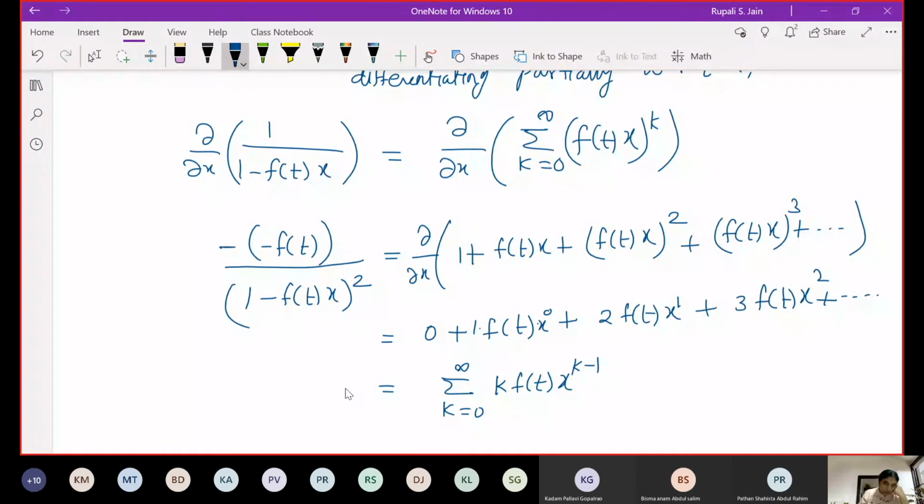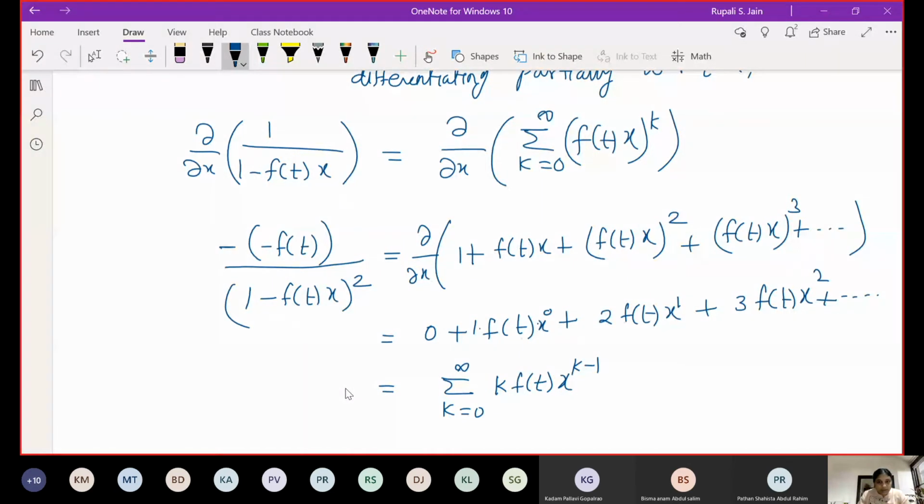For k, 1 times f(t), 2 times f(t)^2 x raised to 1, so k should be 2. And that 0 also I can write as 0 times f(t)^0 x raised to minus 1.